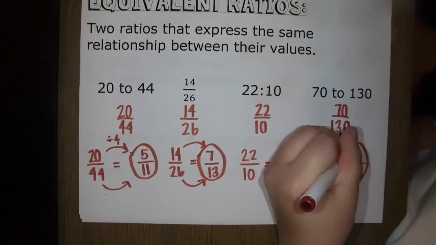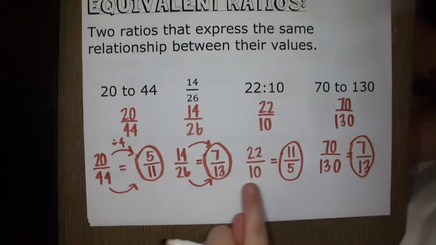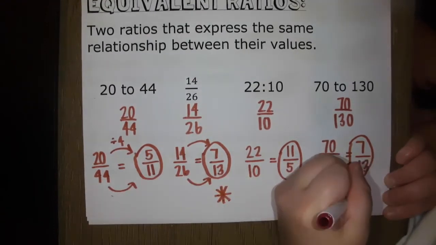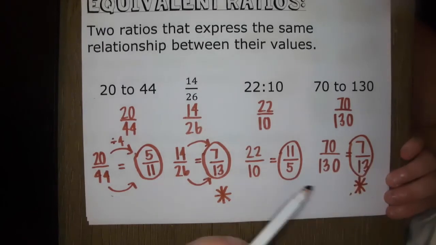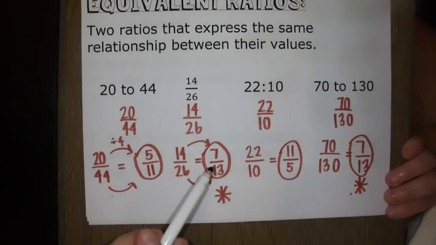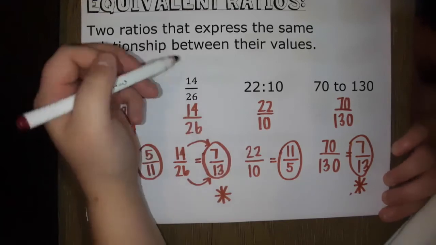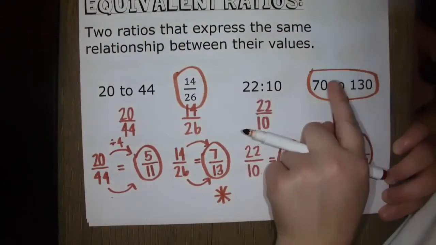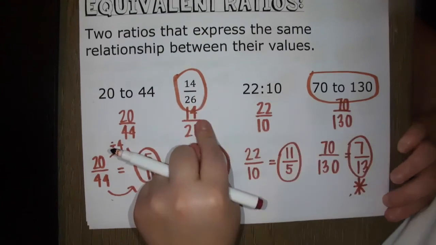So I wind up with 7/13. Now looking at these, there's only 2 that end up being equal. Both of these fractions or ratios simplified to 7/13. Therefore, my equivalent ratios are 70 to 130 and 14 to 26.